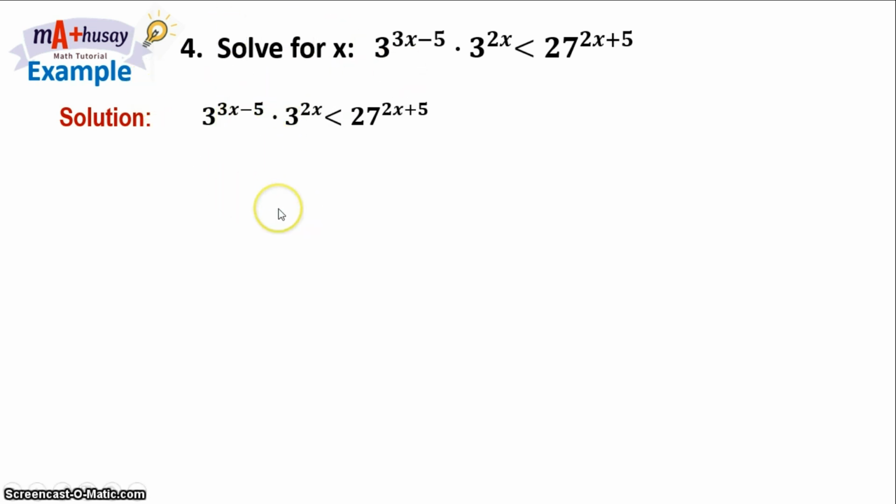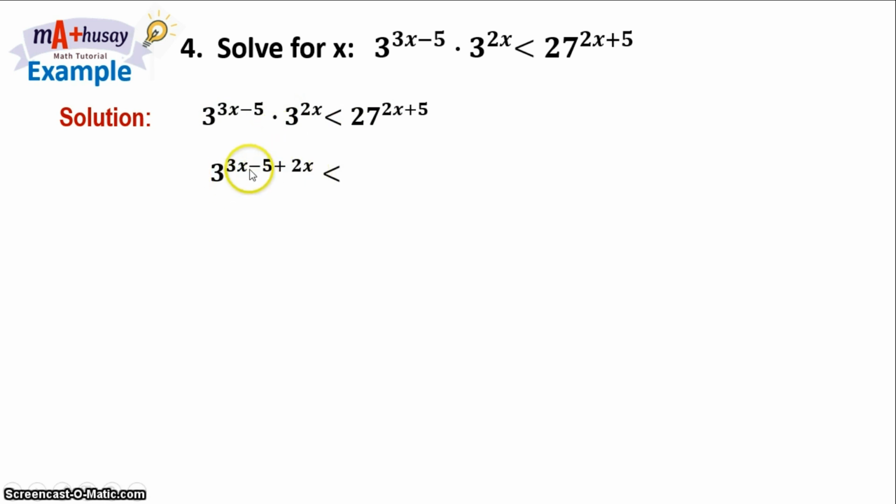Sa right side naman ng ating inequality, when you look at the base, that's 27. So, kailangan natin itong i-rewrite ang 27 into exponential form na kung saan yung base niya ay 3. So, again, sa left side ng ating inequality, since pareho ang base, since you're multiplying exponential expression na may parehong base, ang gagawin natin is we add the exponent.